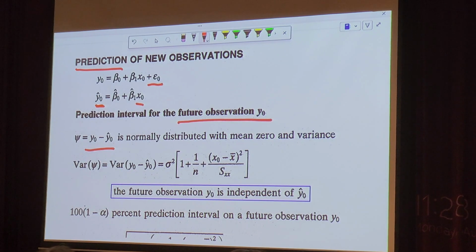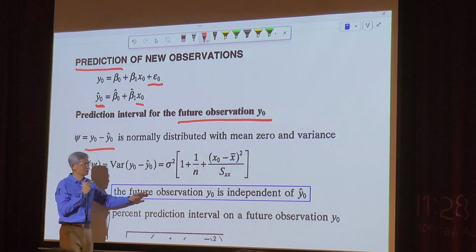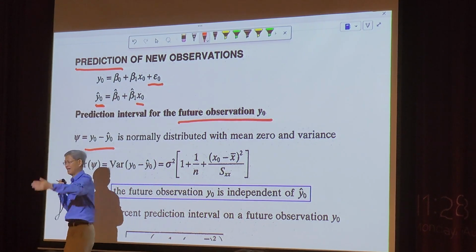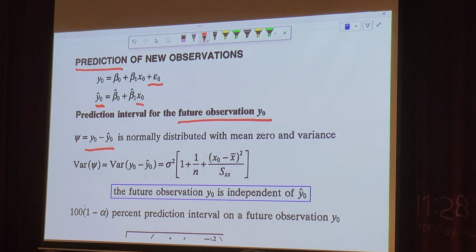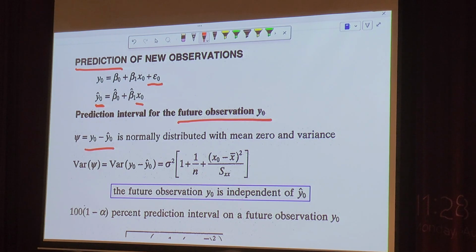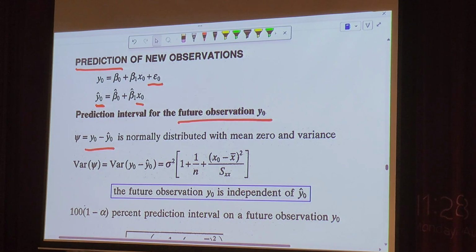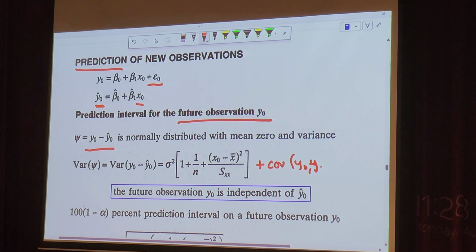Well, the covariance of these two quantities is 0 because the future observation is independent of how I estimate this monthly salary. You get that? It's a random variable. It has to be independent from my prediction. So the covariance of y0 and y0 hat is 0.